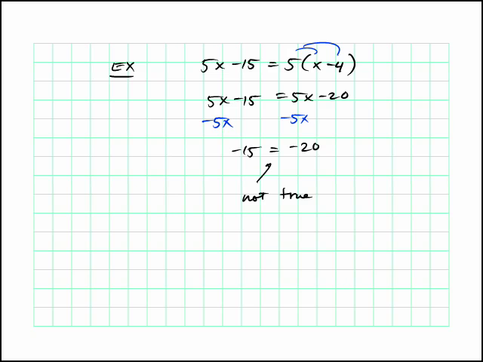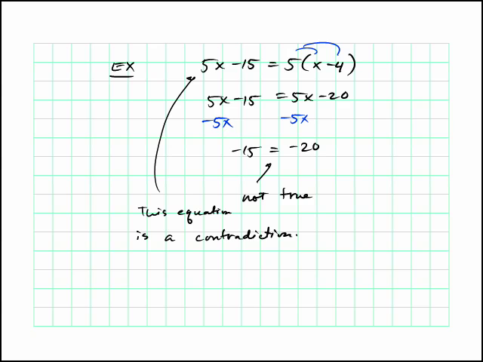When all the variables cancel away and you get an equation which is not true, then this equation is what is called a contradiction. Equations that are contradictions have no solutions at all.